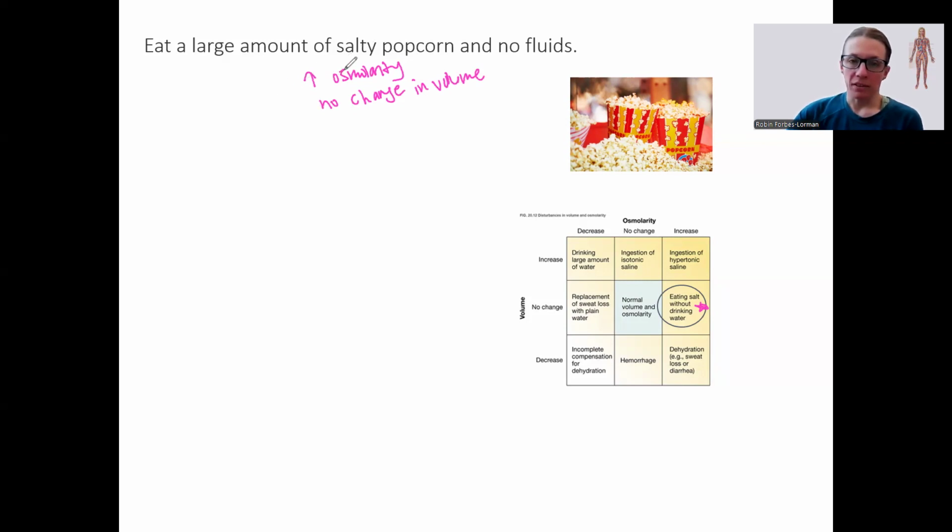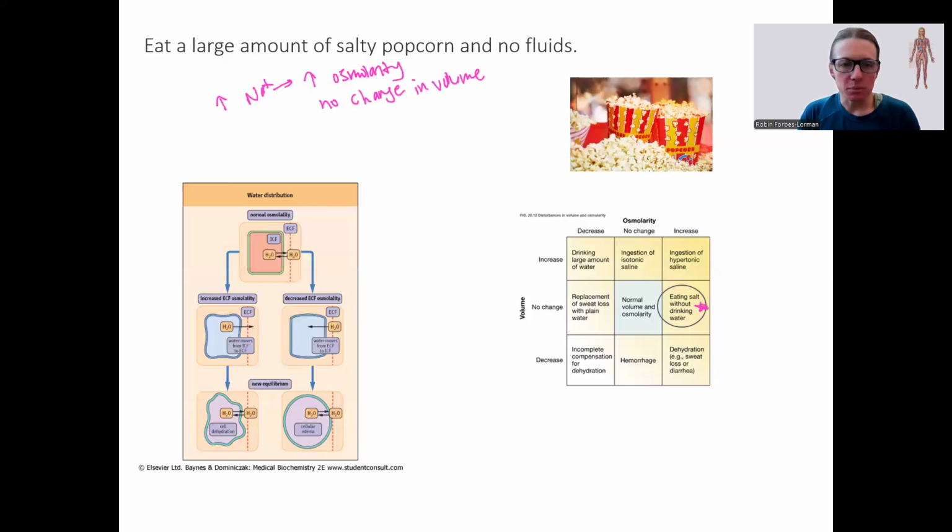Well, first of all, we have increased osmolarity. We've increased sodium to increase osmolarity. Our body is going to respond. First, our cells are going to compensate by moving fluid from the ICF to the ECF. So I should have a picture of that here. Here, increased ECF osmolarity.